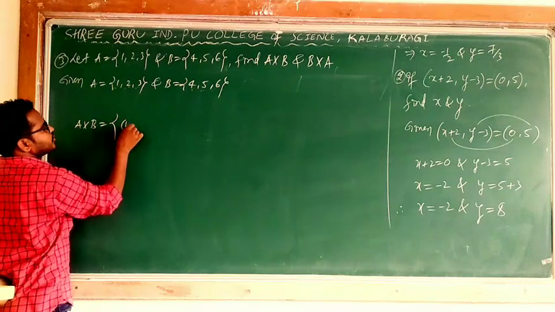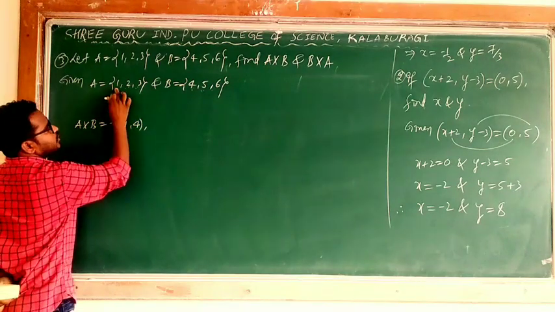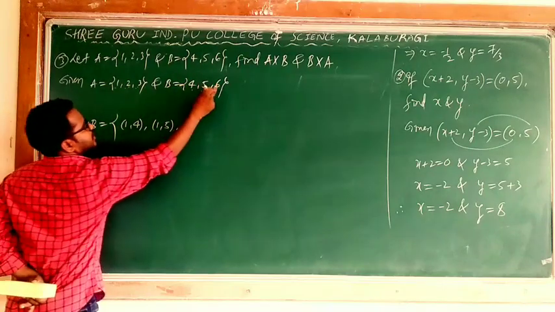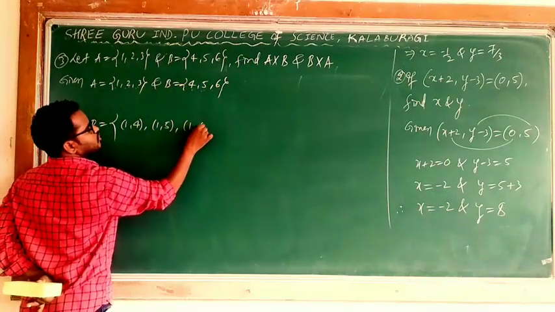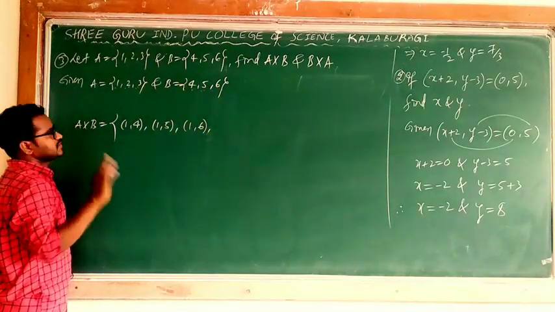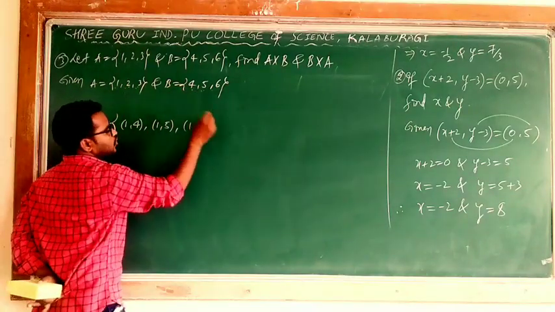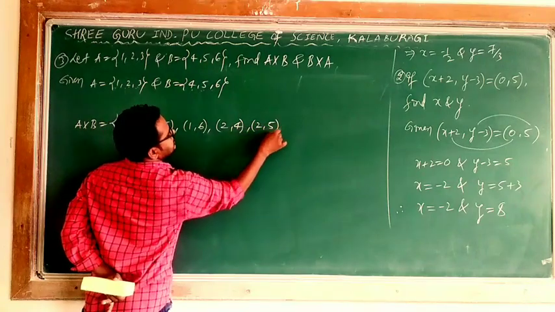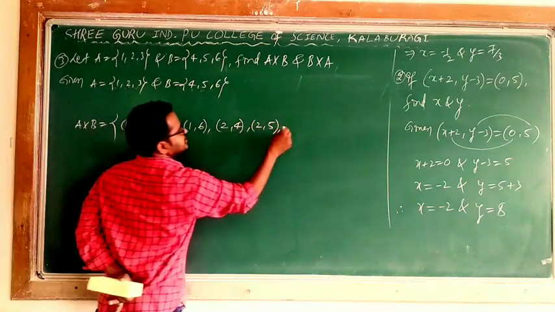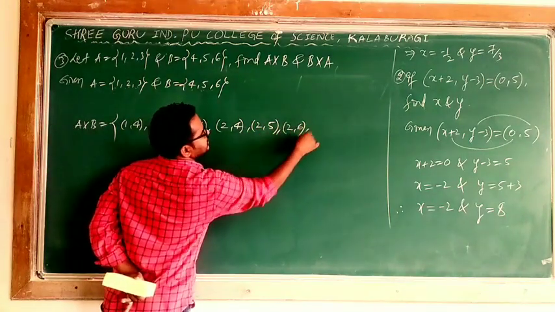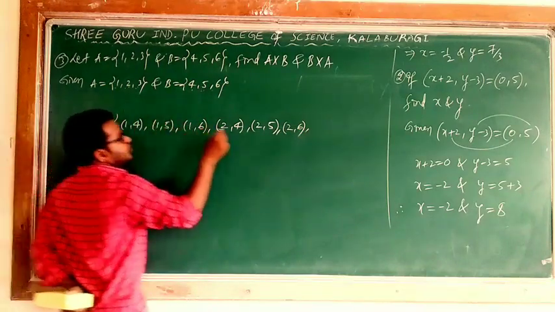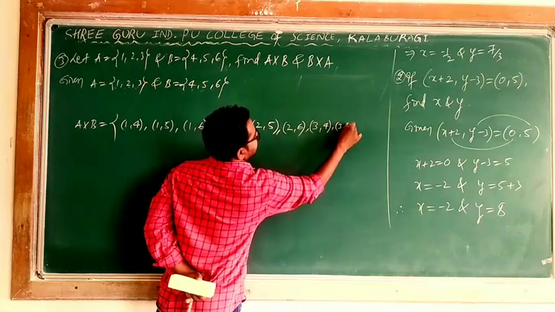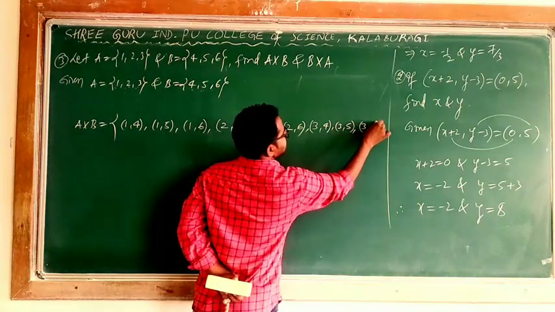(1, 4), first ordered pair. (1, 5), second ordered pair. (1, 6). 1 with all the elements of B is over. Then 2 with 4, 2 with 5, 2 with 6. And then 3 with 4, 3 with 5, 3 with 6.